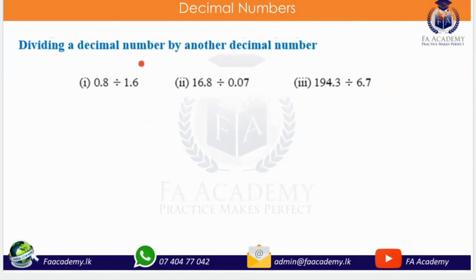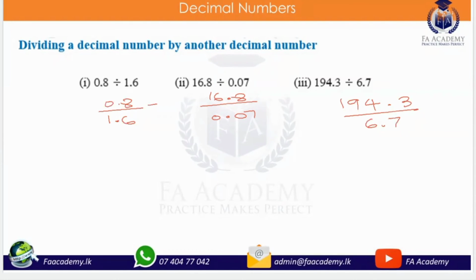That is what we are going to talk about. You can see here 0.8 is given. I'm writing it as a fraction to make it easy. Even here you can see 16.8 divided by 0.07, and 194.3 divided by 6.7. I just wrote these down to make it easier.